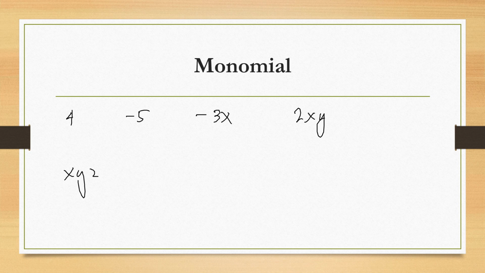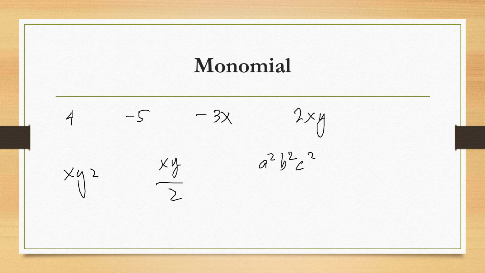Na po, so pwede rin naman na xy over z. So, isang term pa rin yan kasi wala naman tayong nakikitang addition and subtraction. So, malalaman nyo kung madadagdagan siya ng term kapag meron na kayong nakitang addition and subtraction. But in this case, wala namang addition and subtraction. So, that is considered monomial. So, pwede rin na gawin natin is a squared, b squared, c squared.